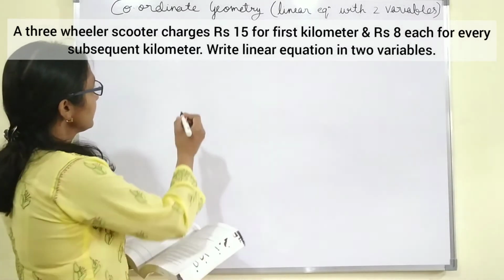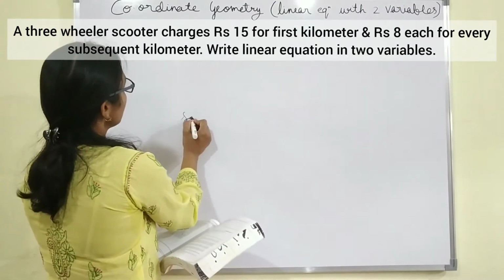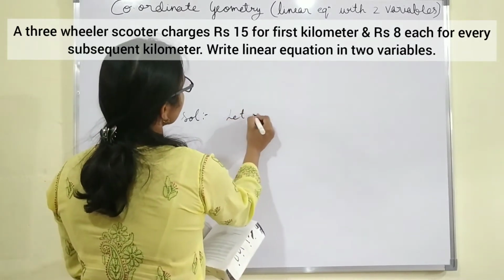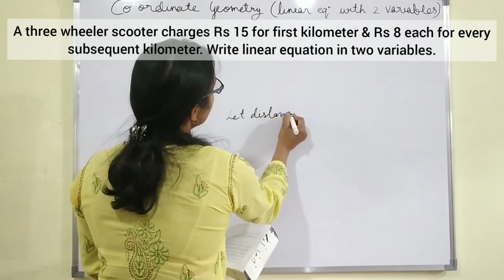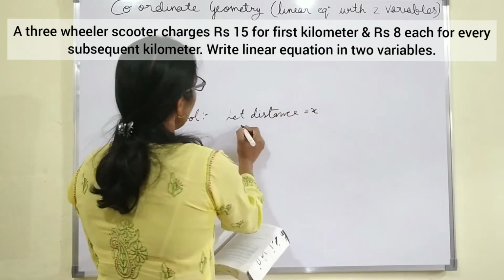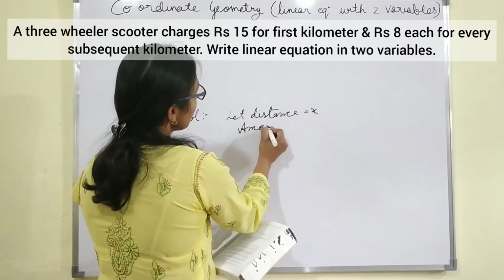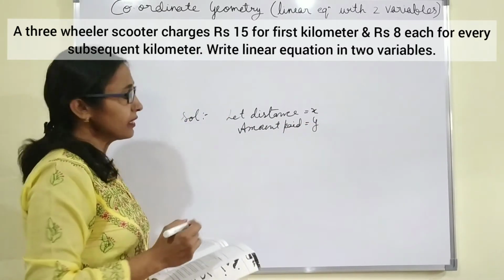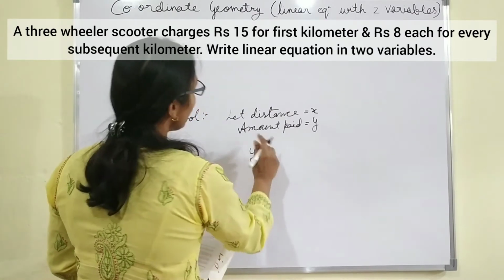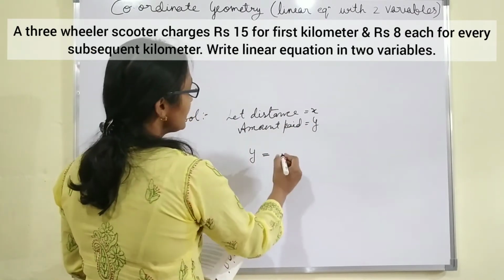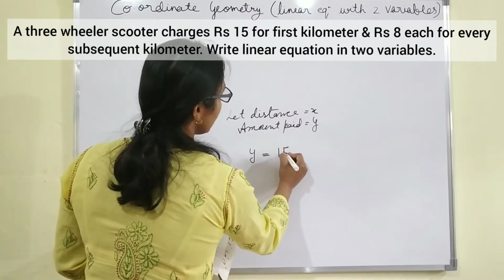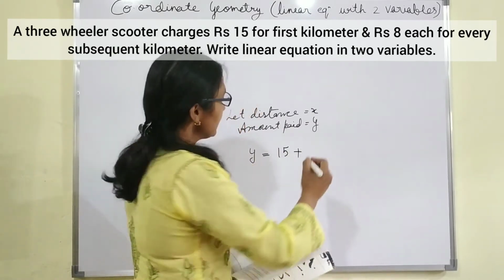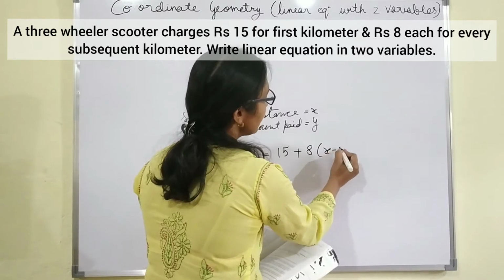The solution is: let the total distance be X kilometers and the amount paid be Y. So our equation will be, the total amount he is paying is Y. For the first kilometer it is ₹15 and for the subsequent distance it is ₹8 times X minus 1.